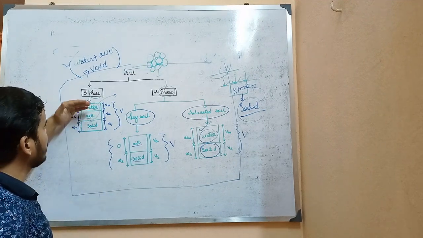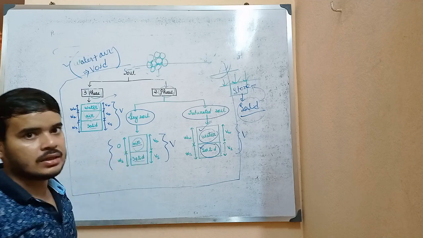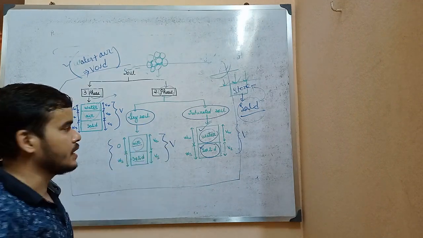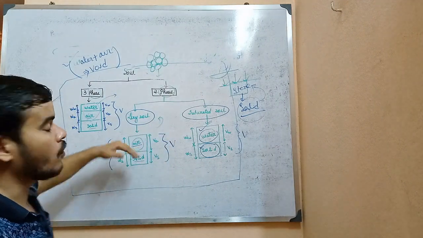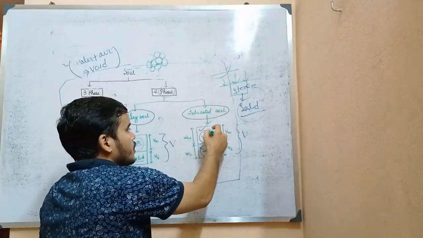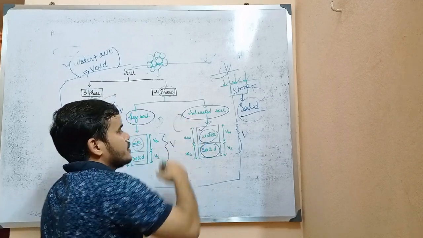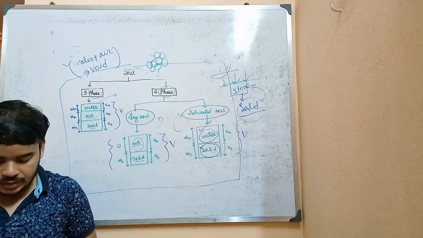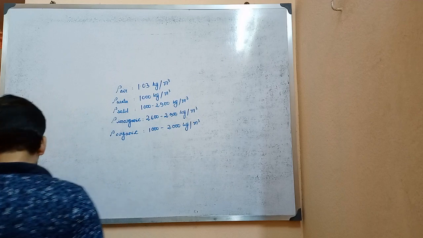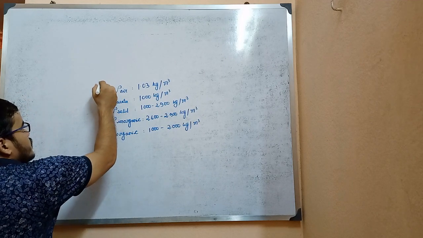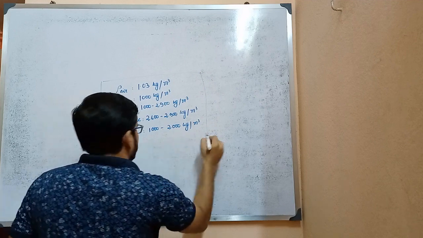If we remove the water, air will take all the void space and it will create a dry soil. And if we remove all the air, the water will occupy all the void, and it will create a saturated soil. Okay? Now some parts we have to remember.